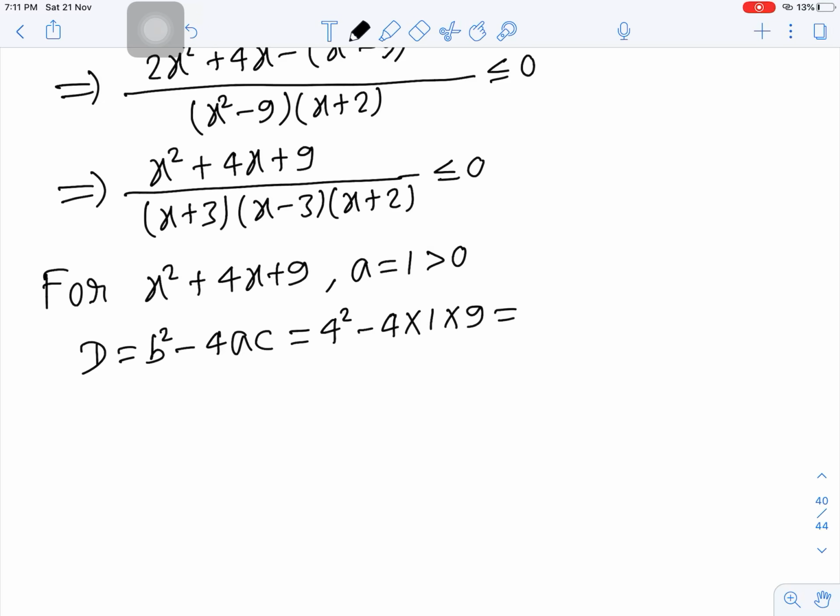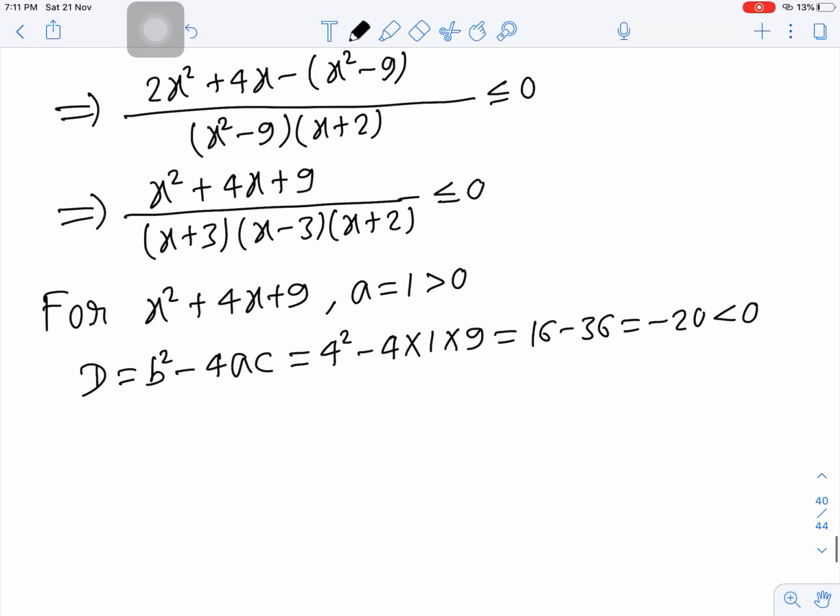So you are getting 16 minus 36, that is nothing but minus 20, so it is negative, less than 0. When D is less than 0 and a is positive, it means the expression will be positive. So this expression x square plus 4x plus 9 is positive.